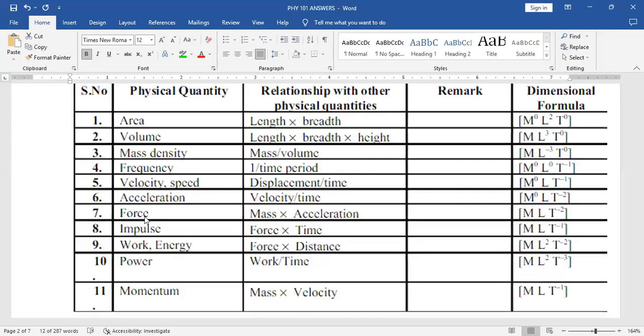So we have force here. The dimension of force here is M L T to the power minus 2. We use the mathematical expression to derive the dimensions.